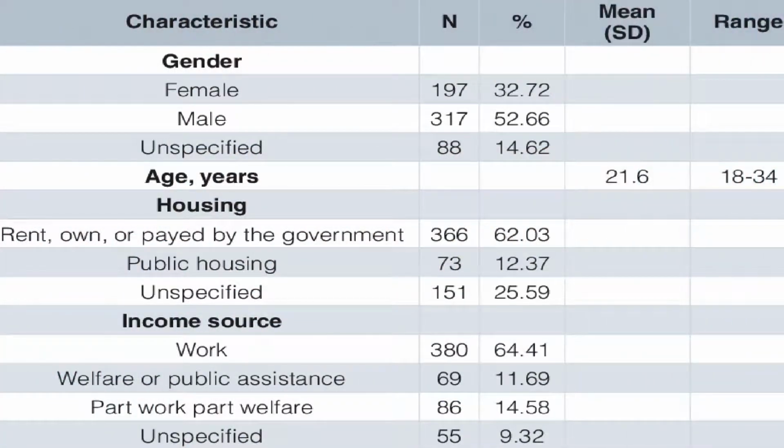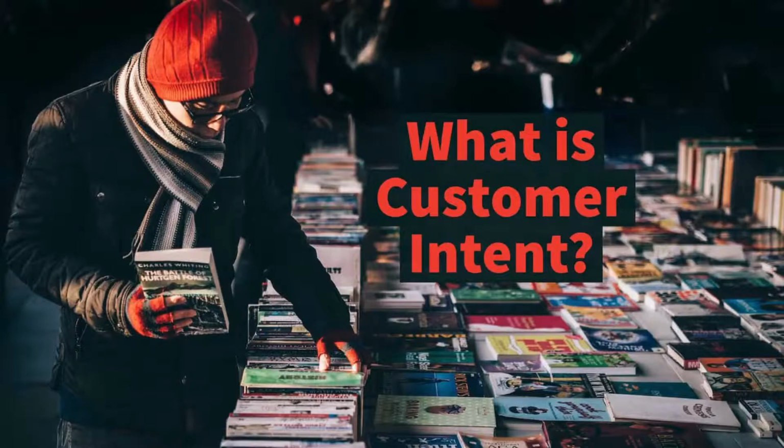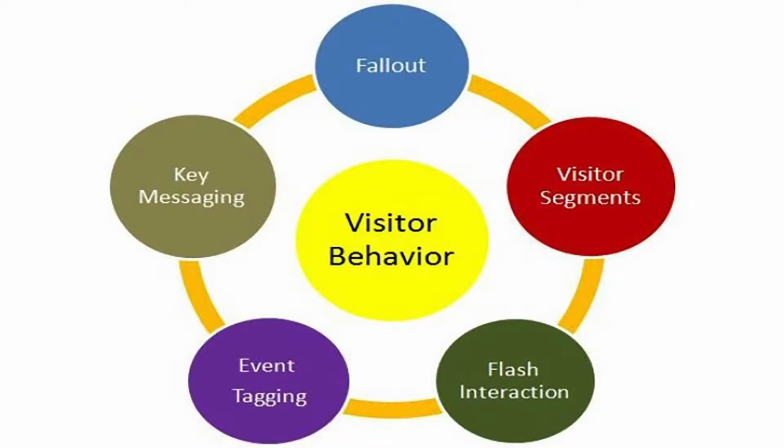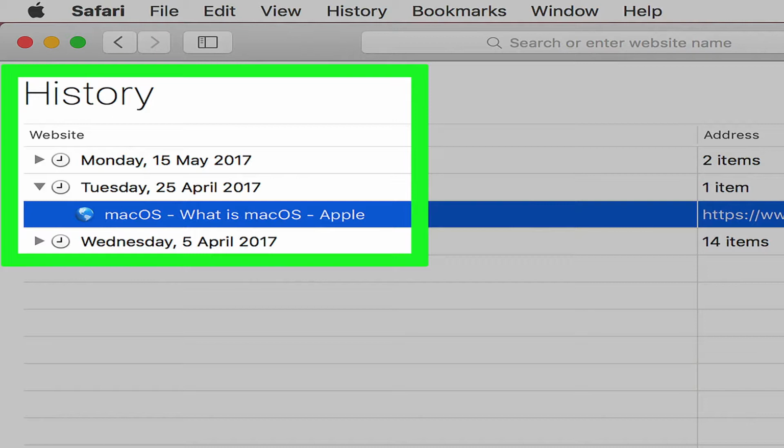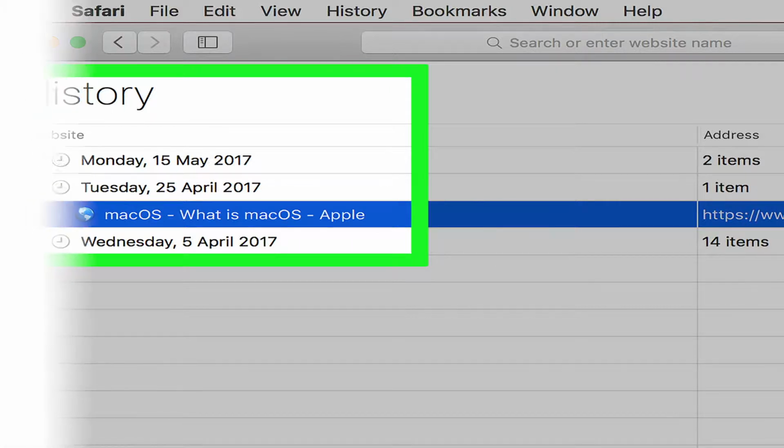Demographic data: gender, geographical location, age and other demographic data remain a valuable segmentation tool. Customer intent: tracking a visitor's site behavior and combining it with past browsing history and actual purchases to understand what types of products and categories they are interested in.